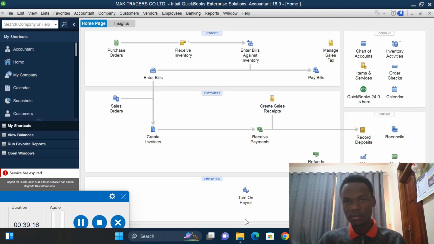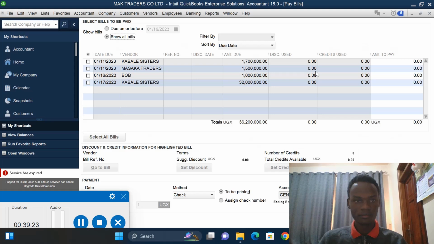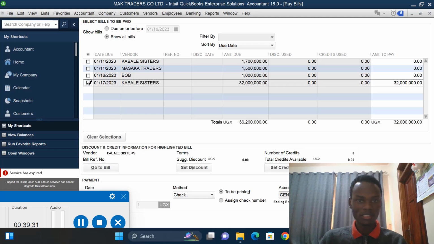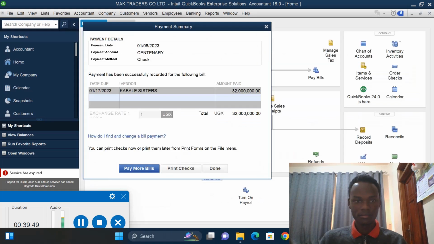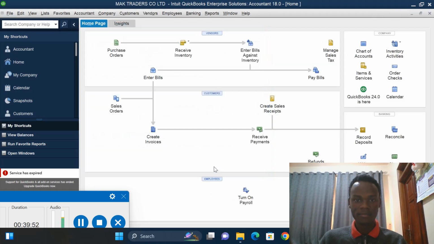Then we shall go and pay the bill. For Cavalry Sisters, the bill of the motorcycles is down here. So we shall check it. And remember the question says paid by check, so select our method as check. Then shall pay the bill. We're done.